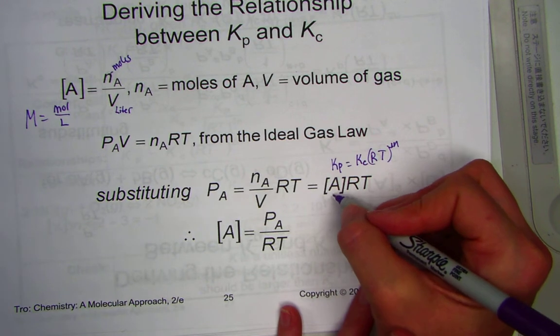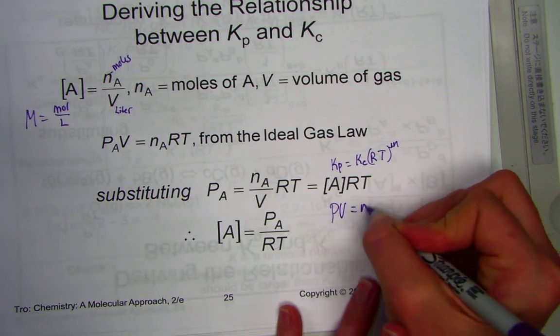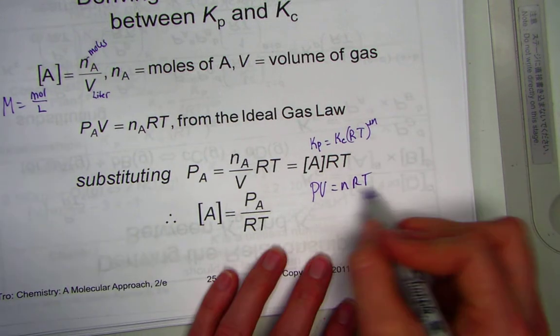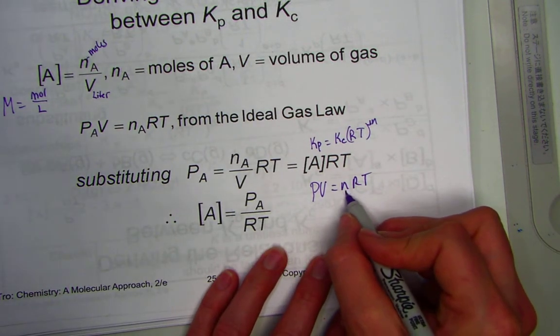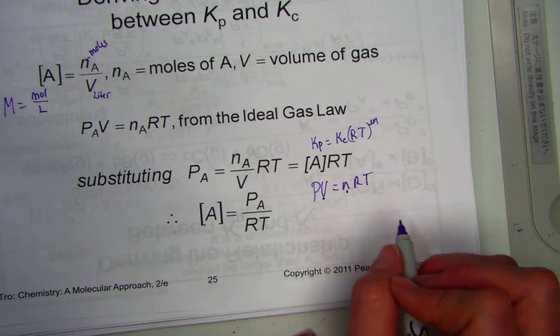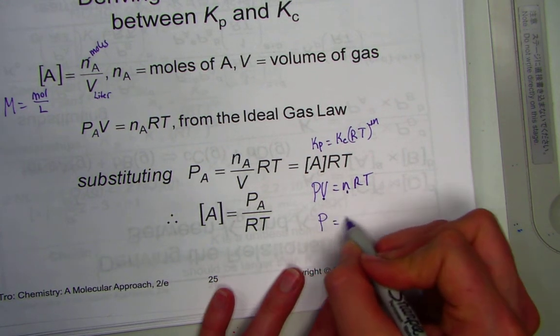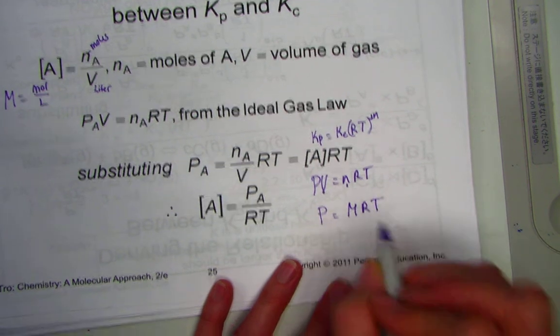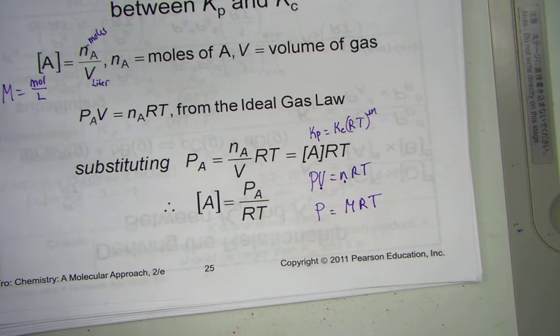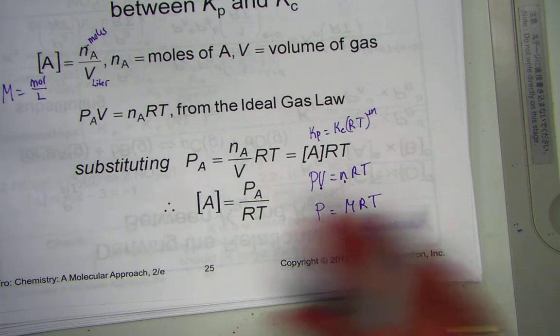If PV equals nRT, and inside a PV=nRT problem truly is a molarity unit, moles per liter, we're just rearranging PV=nRT to say pressure is equal to MRT, P equals MRT. Pressure is equal to molarity times our gas constant R times our Kelvin temperature. This slide really is just proving to you that there's a relationship between the number of moles per liter and the pressure unit, all derived from our ideal gas law, PV=nRT.